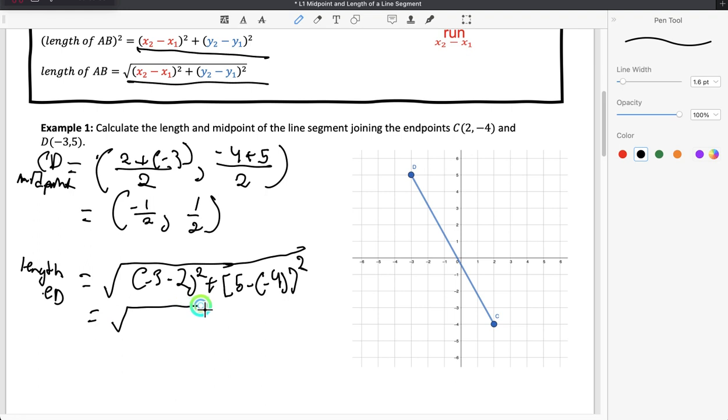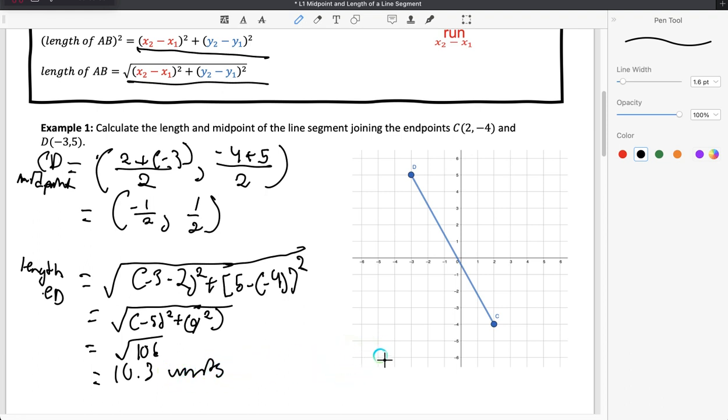So this becomes (-5) squared plus 9 squared. Overall, this becomes the square root of 106, or otherwise 10.3 units.